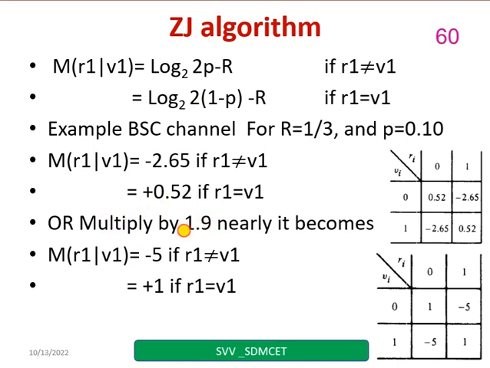Multiplying by nearly 1.9, it becomes minus 5 and plus 1. Let us make these whole integer numbers so that it will be easy for further discussion and calculation. Pause the video and check whether you are getting the same answer before you proceed.